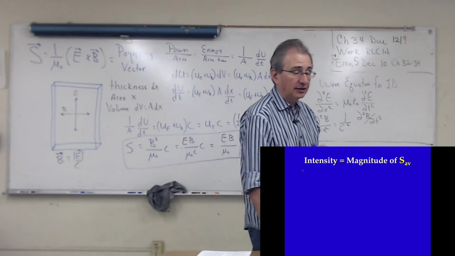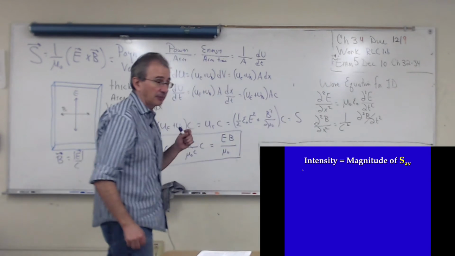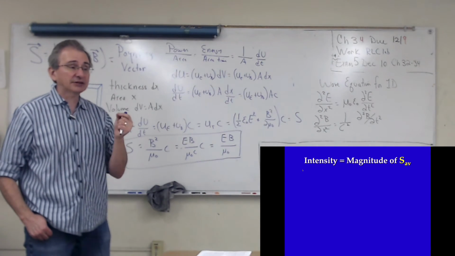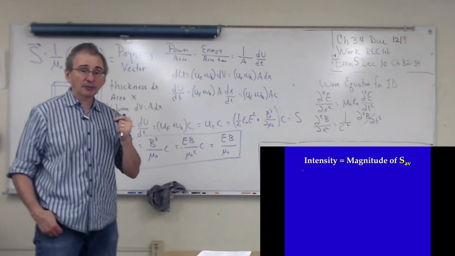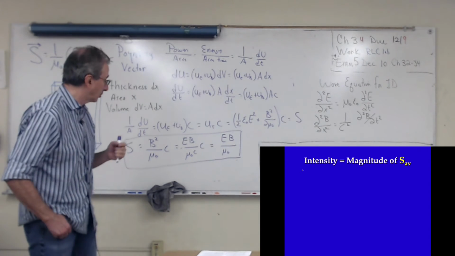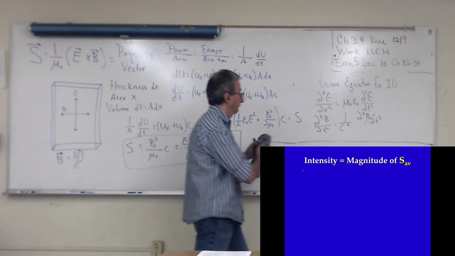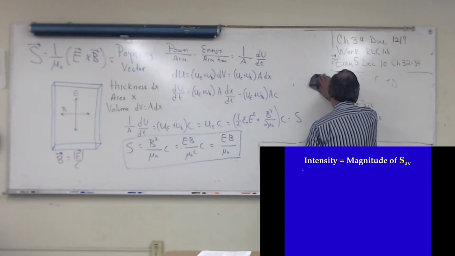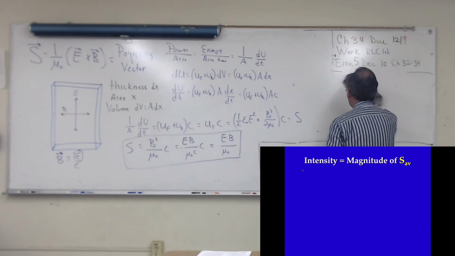Now, the intensity is basically the magnitude of the Poynting vector. The intensity is the average power per unit area per unit time. A lot of times we talk about the intensity of a wave.